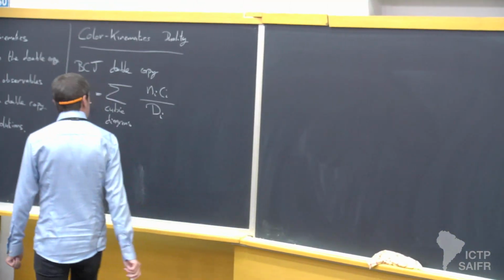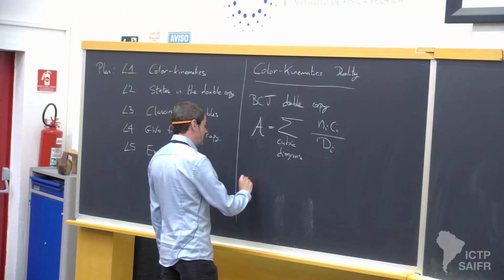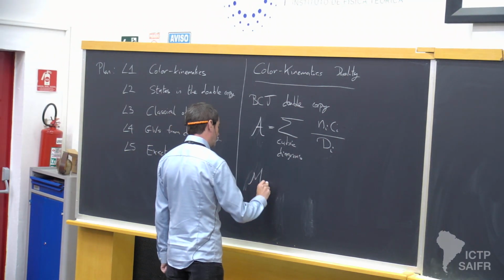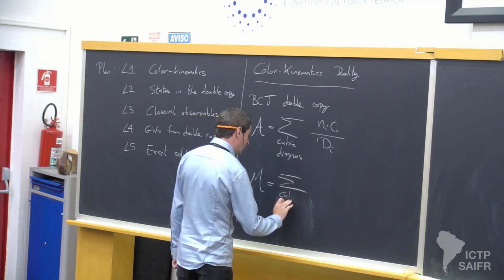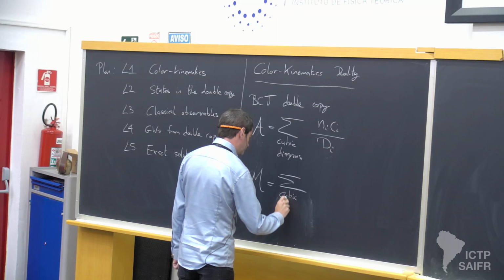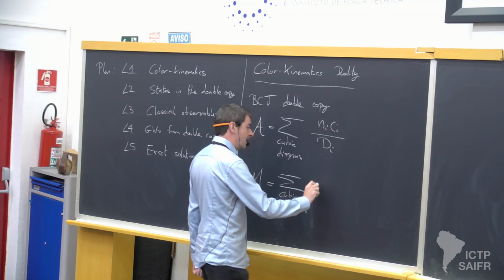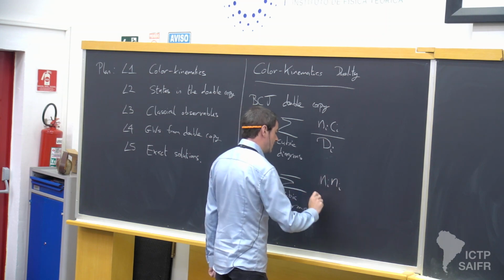Okay, well, now, given such an amplitude, the amplitude in gravity is written in the same way, a sum over cubic diagrams, but I replace the color factors with another copy of the numerator.